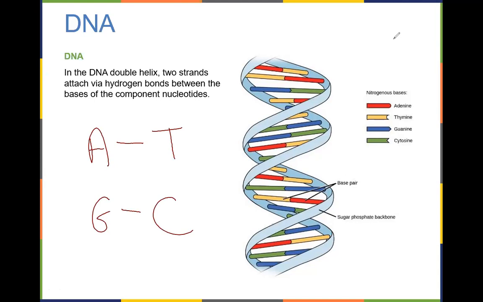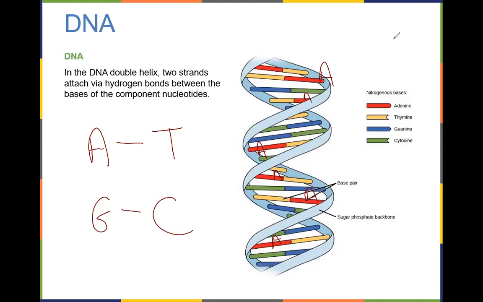So here we see adenine in red, and adenine here and here and here. And it doesn't matter which side of the strand it's on. If there's adenine on one side of the double helix, there'll be a thymine it pairs to.